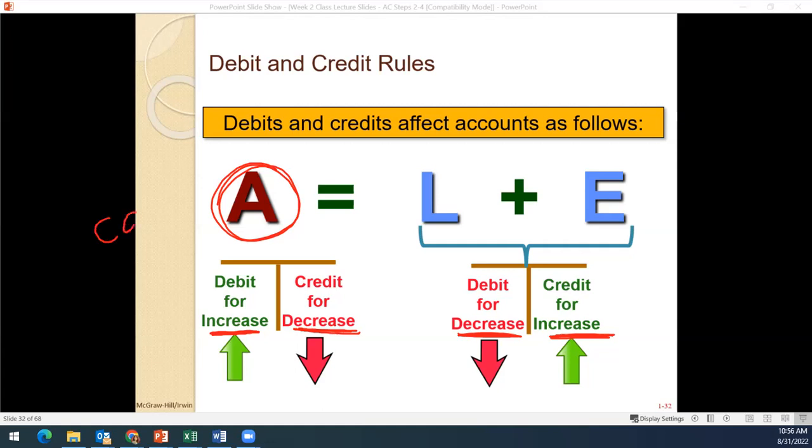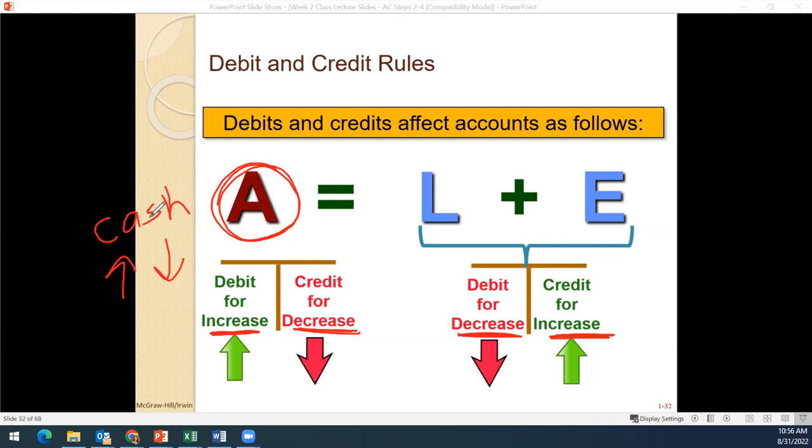If you're talking about cash, cash can go up if you receive cash, and cash can go down if you pay cash. So within that cash account, you're going to see ups and downs. That's not true of the equity accounts. The equity accounts only move in one direction.